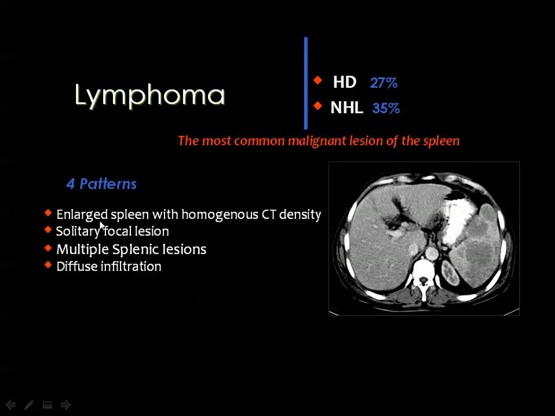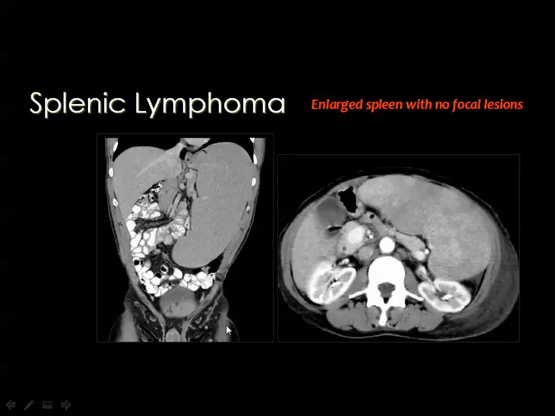Number 1 is enlargement of the spleen with homogeneous CT density and no focal lesions, then solitary focal lesion, multiple splenic focal lesions, and diffuse infiltration. And here is a good example of splenic lymphoma, multiple solid lesions infiltrating the splenic parenchyma.